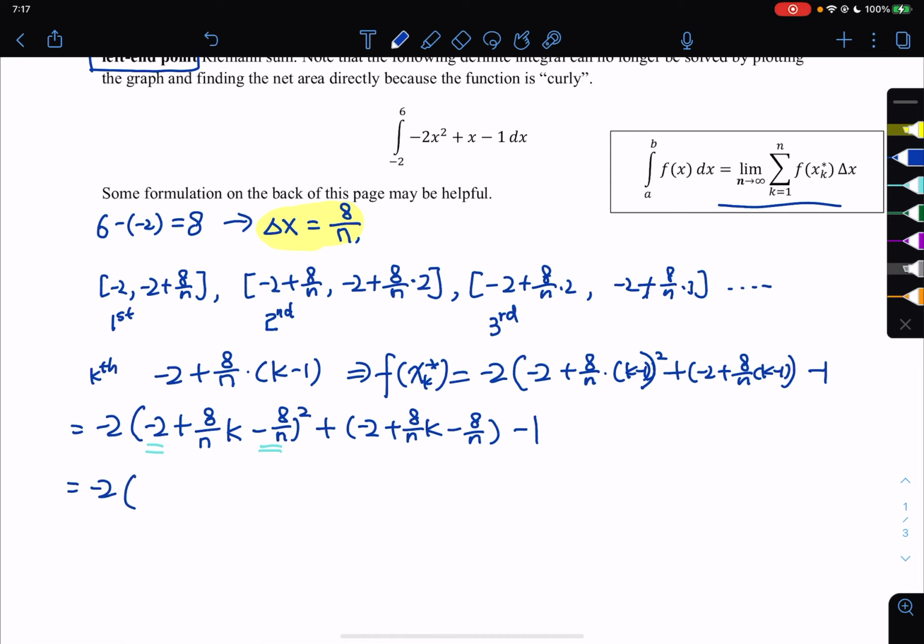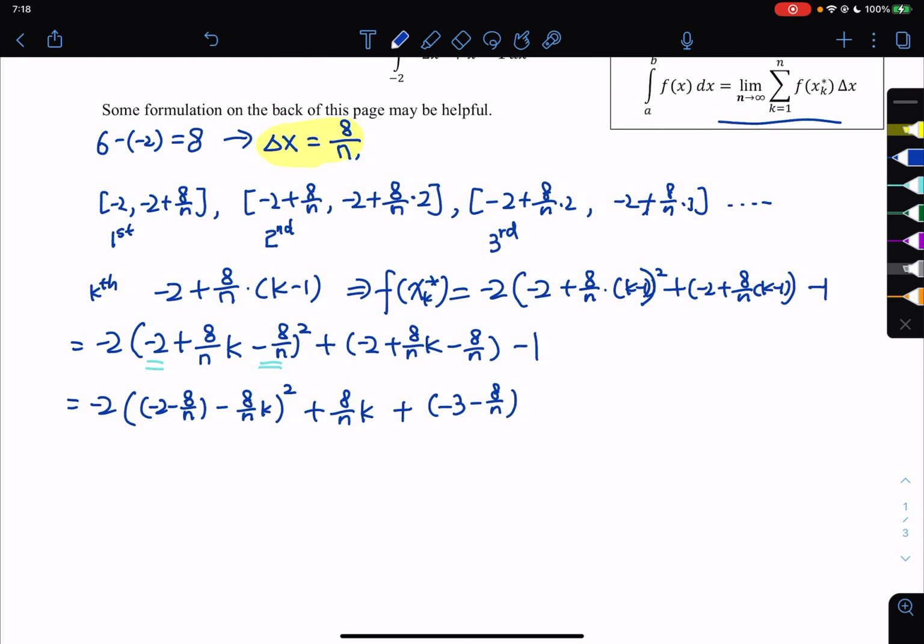So it's -2 minus 8 over n minus 8 over nk squared plus -2 minus 1 and minus 8 over n. And then plus 8 over nk, this is a k term. Everything without k put together is this, right?